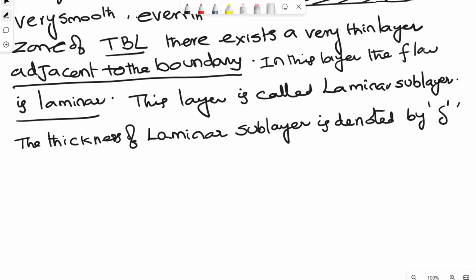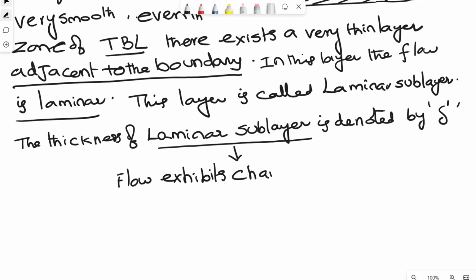Please note that. Already I mentioned the flow in the laminar sublayer exhibits characteristics of laminar flow.